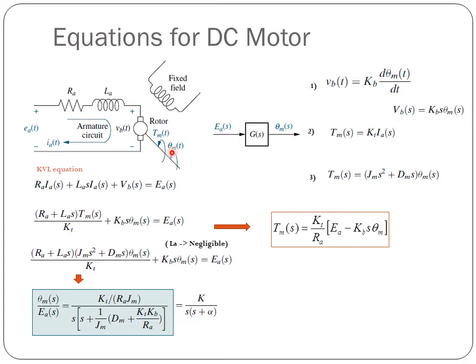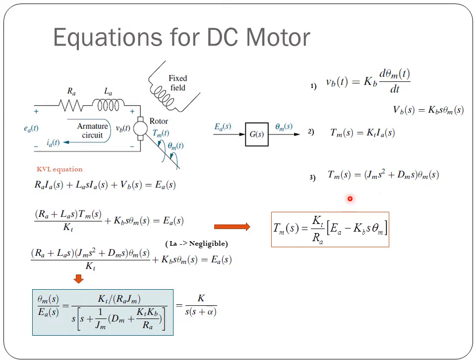So in the case of more than one independent variable, we will need another equation which can be written from this equation. We will rewrite this equation by assuming La is negligible in this format, which is Tm(s) is equal to Kt by Ra into Ea minus this term, which is this one, right?